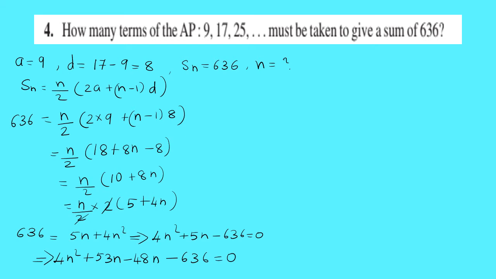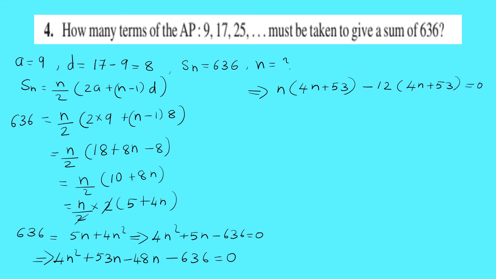You can see that the sum of the middle term is 5 and the product is 2544, that is 636 multiplied by 4. Now from the first two terms you can take n as a common factor. So you can write it as n multiplied by 4n plus 53 minus, from the last two terms you take 12 as a common factor. So you are getting 4n plus 53, that is equal to 0.